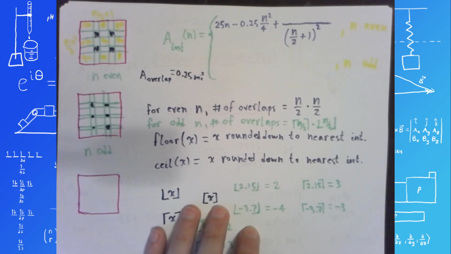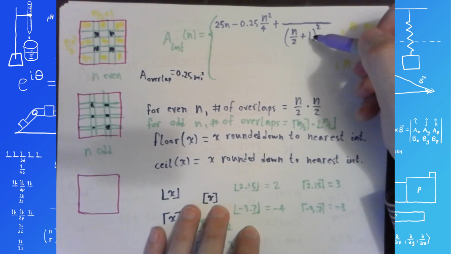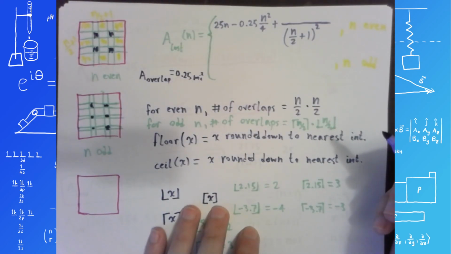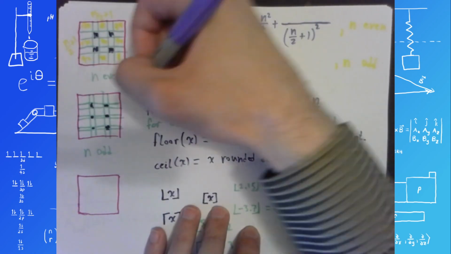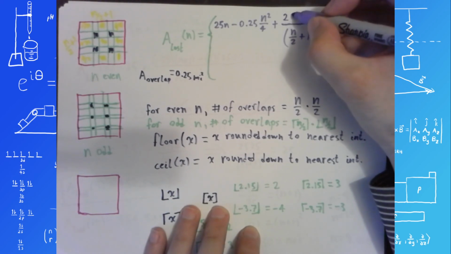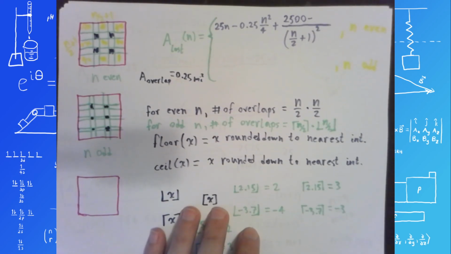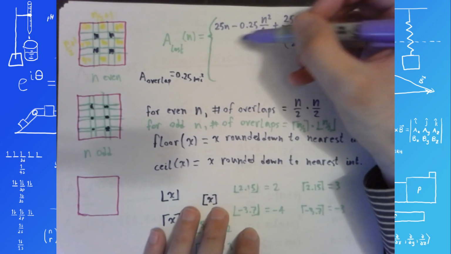And then the total yellow area is the total area of the whole pink square, which was 2,500 again, minus the area lost to fire breaks. So copy this over.